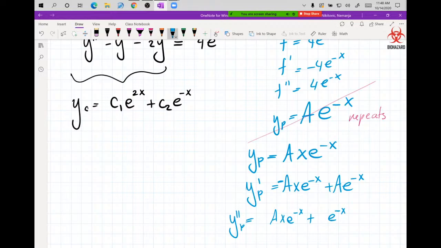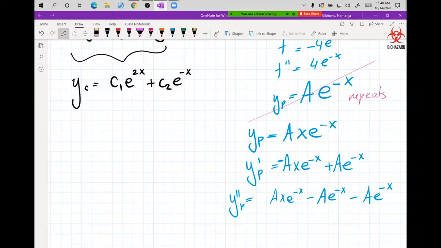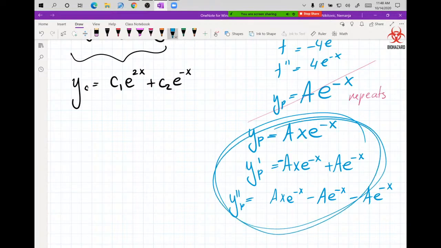Derivative of the first is -a. There we go. Plus the derivative of the second is just -a e to the -x. Good. And there you go. So now we are supposed to feed these into the differential equation.